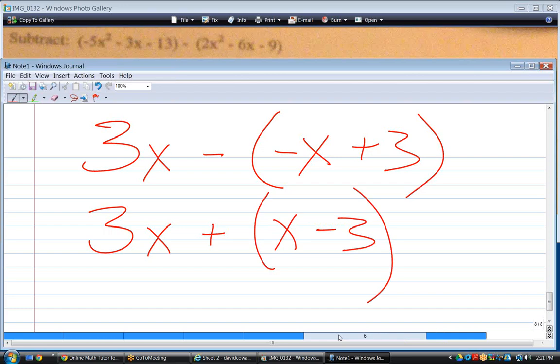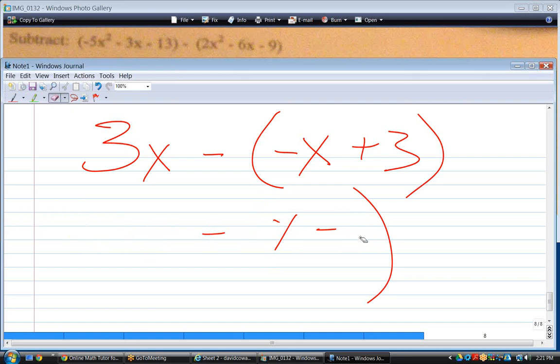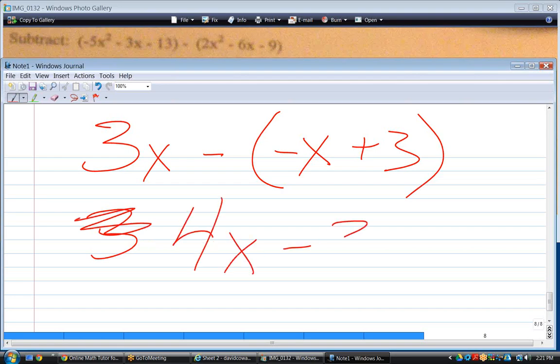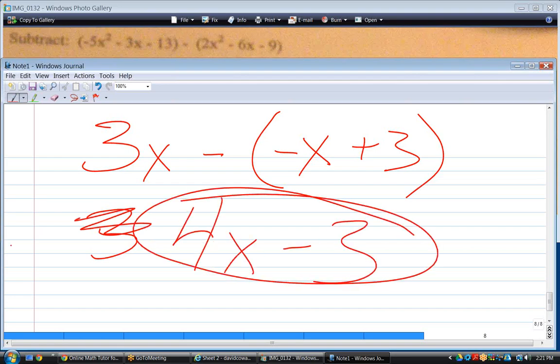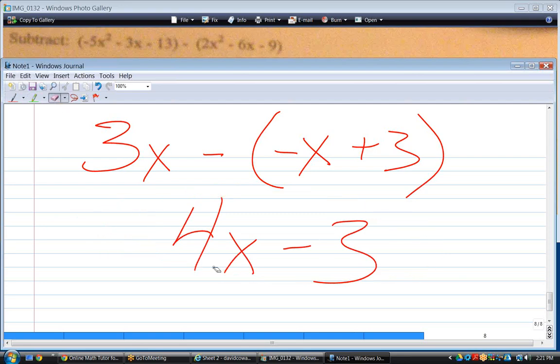You could, I suppose, but most people would not. I would not expect to see this step on an analysis of this problem. Most people would go straight to that. That's the next step. How you get there, though, is up to you.